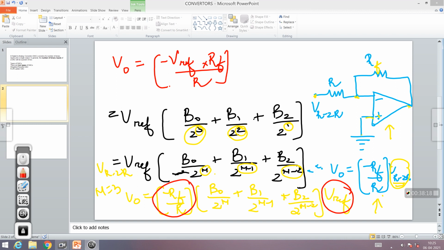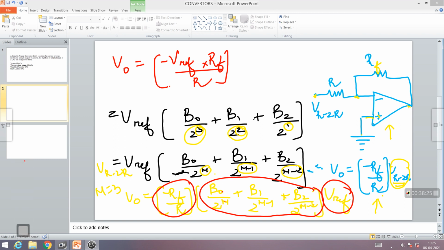Now this inner bracket, if you notice, has B0, B1, B2, and this is n. So B0 corresponds to n minus 0, B1 to n minus 1, B2 to n minus 2. So these terms can be written as B sub I divided by 2 raised to n minus I, where I takes values from 0 to n minus 1.